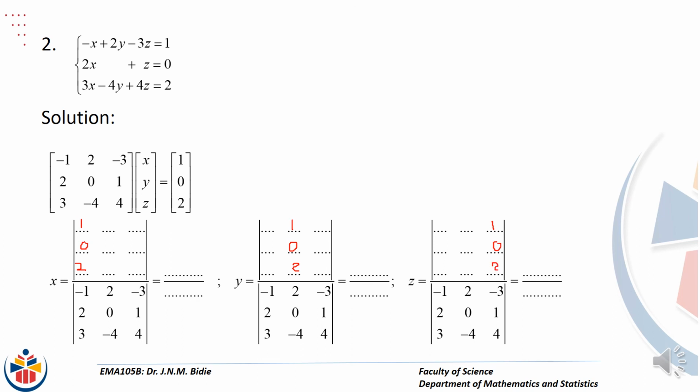Note that you just replaced one column in A, so that means all the other columns remain the same. And then you fill in all the answers, and then you find the values of those determinants, simplify, and get the values of x, y, and z.